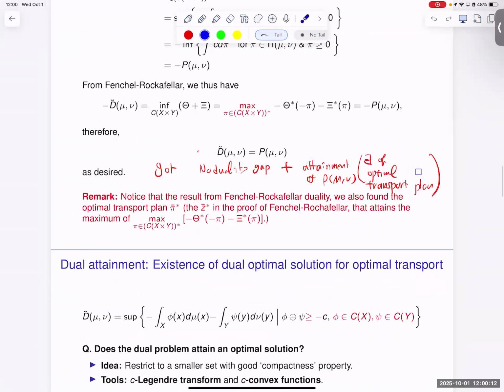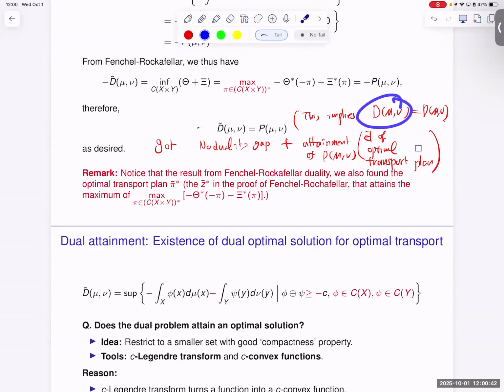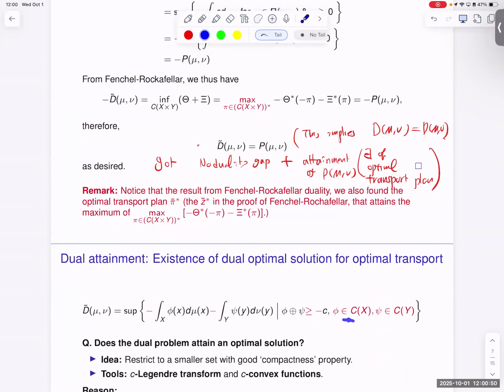And now, how do you get the attainment of the dual problem to the optimal transport? The dual problem is this. Okay, this also implies that D theta mu nu is less than or equal to P mu nu, I mean, because D theta mu nu had this additional continuity on the functions phi and psi.